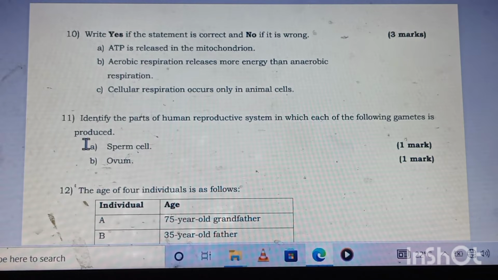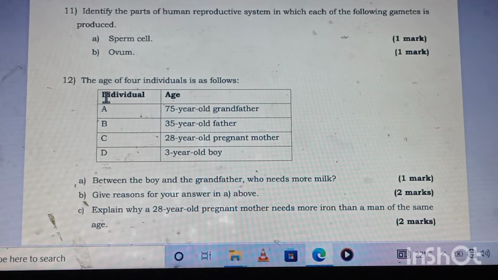Question number 11. Identify the part of the human reproductive system in which each of the following gametes is produced. Sperm cell and the ovum.